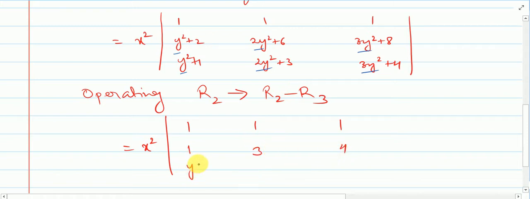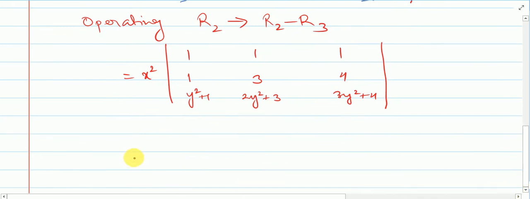Here we have this y square plus 1, 2y square plus 3, 3y square plus this. Now in the next step what I will do is, here you can see that in the third row we have that each element is sum of two numbers.